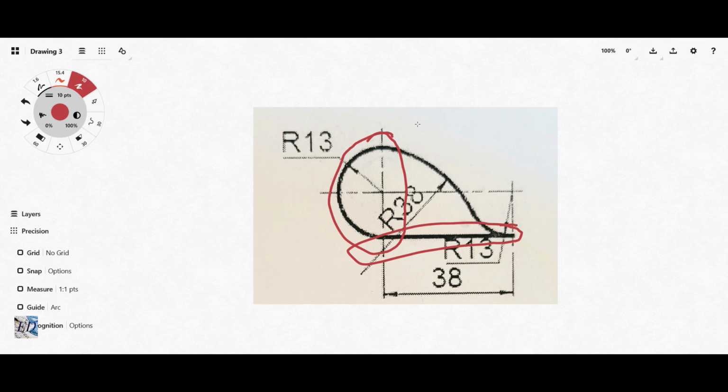Then there is another last curve, or an arc, and that also has a radius of 38 millimeters. So in all we have 3 arcs and one straight line, and all the dimensions have been given.